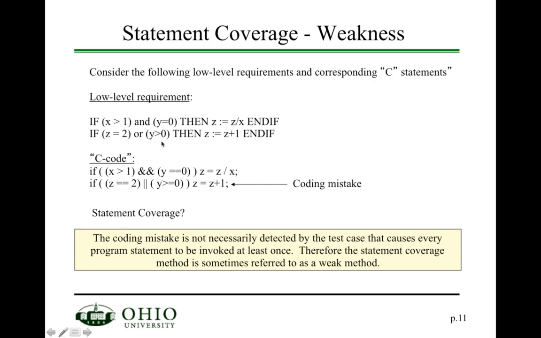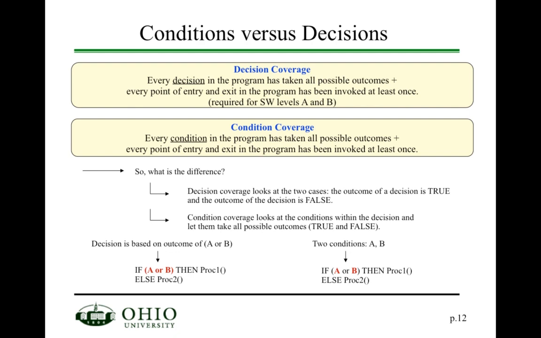But if you pick a test case where y is 2, for example, the statement coverage would be successful, but it does not find this error. Of course, in this particular case, the error should have been found by a robustness test case. So this is an example of why statement coverage has some weaknesses.